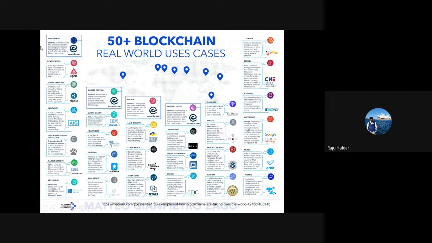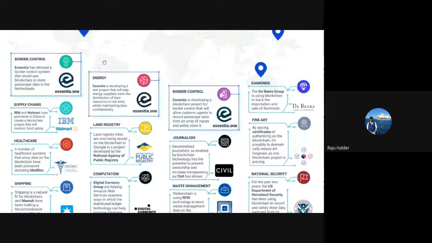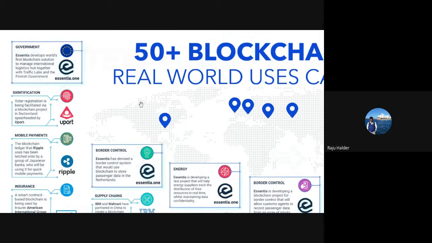So here I have observed these different things. I don't think it is visible to all of you, but let me check. Different countries are focusing on different sectors using blockchain technologies to provide solutions.